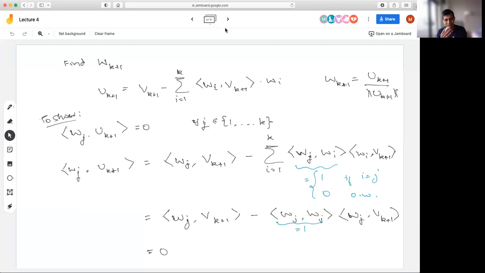So I kind of had these other things about the span of W_1 to W_{k+1} being equal to the span of V_1 to V_{k+1}. I claim that just this orthogonality is sufficient to show all of the things I need.